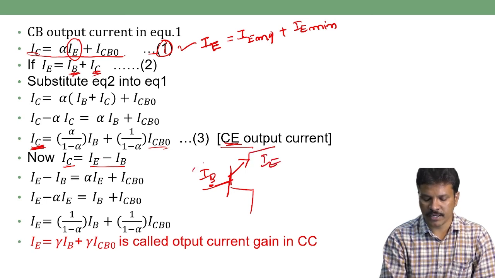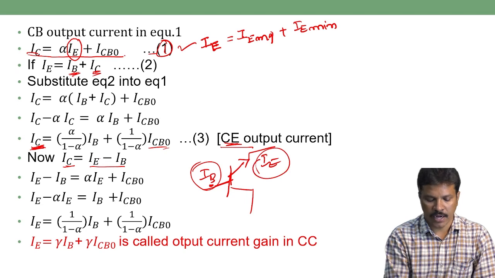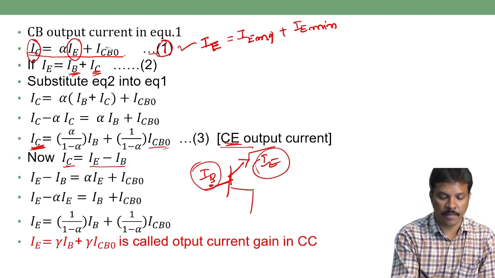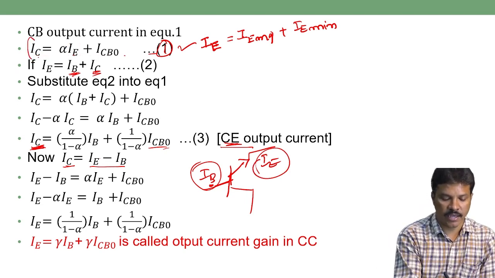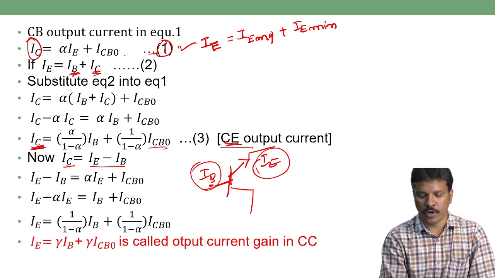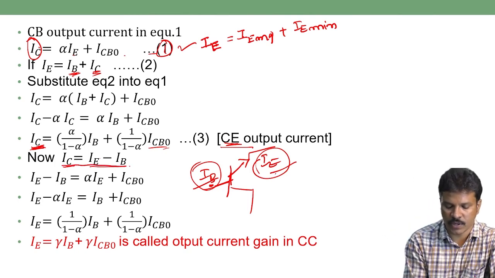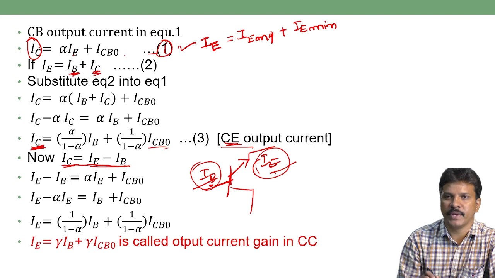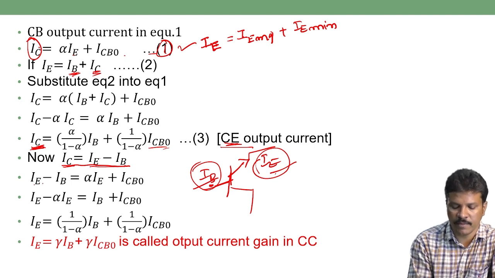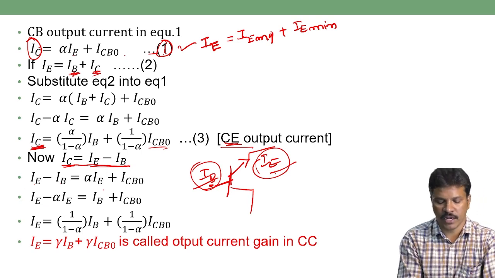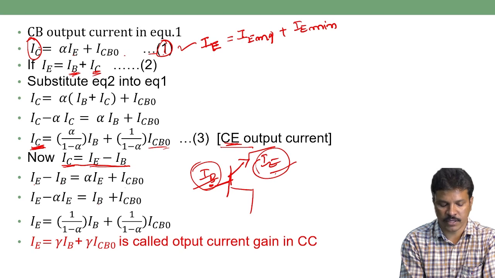So to get the relation between IB and IE, replace IC with IE minus IB. Substitute IE minus IB equal to alpha IE plus ICB0 in equation 1. Taking the alpha IE term to the left side, IE minus alpha IE is equal to IB plus ICB0.